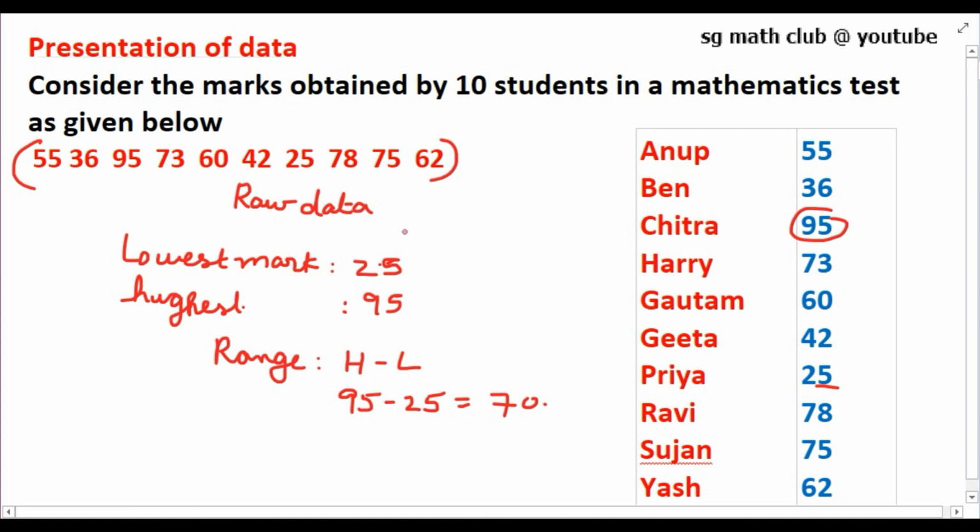Presentation of data in ascending or descending order is also time consuming, especially when the number of observations is very large. So in the upcoming videos, we will see the different methods to present the data.